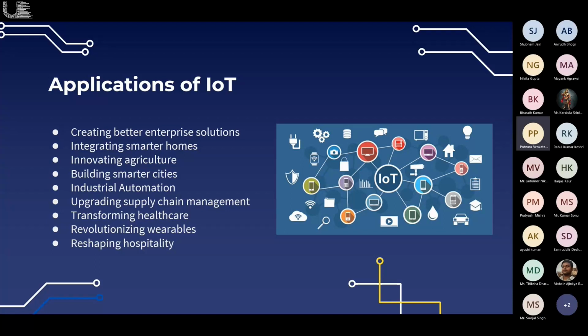Next, integrating smarter homes. This we have seen already previously how a smart home works. So it has sensors to control and maintain lightings, to manage resources and security systems. One example of an IoT-based smart home could be Mark Zuckerberg's Jarvis.